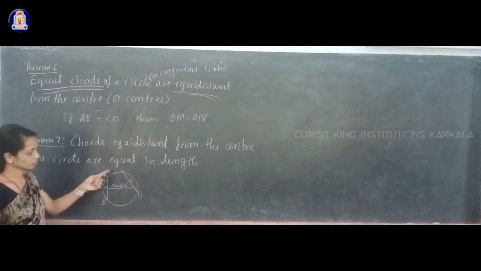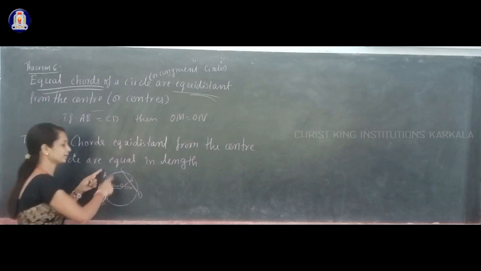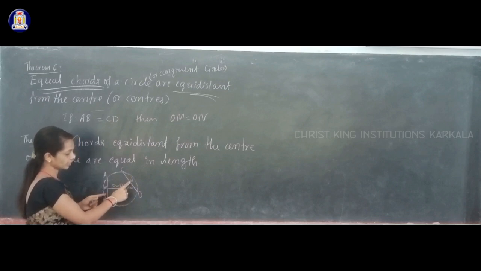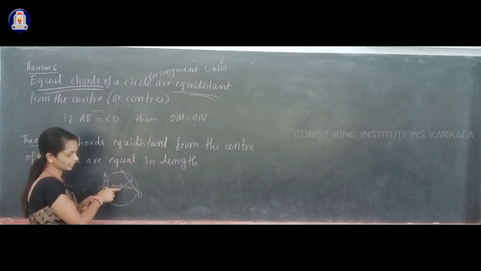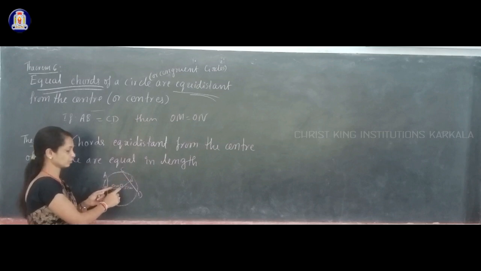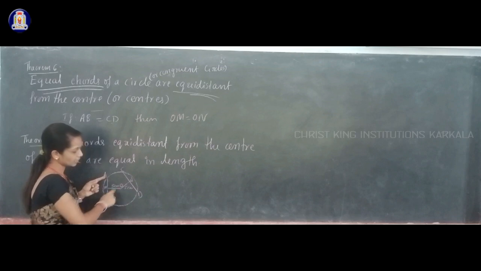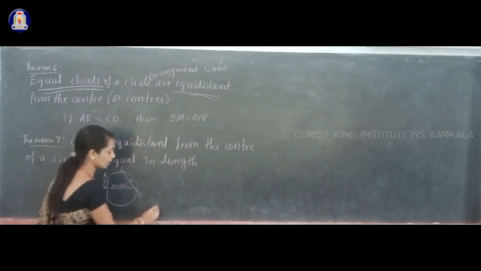You can do one activity: draw one circle and take two chords in it such that they are equidistant from the center, like this. If you take one chord at a 5 centimeter distance from the center, then you have to take another chord at a 5 centimeter distance from the center of the circle. Then you measure the lengths AB and CD, and they are equal.